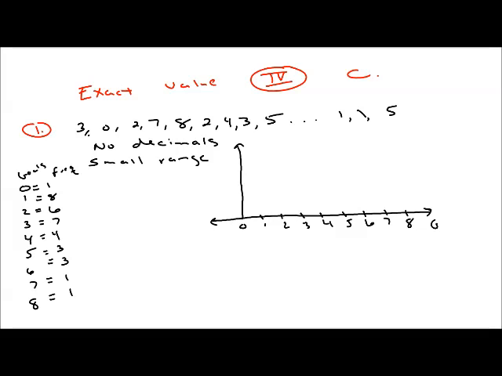This is goals. Over here is frequency. We give it a title, soccer goals. And our highest frequency is 8: 1, 2, 3, 4, 5, 6, 7, 8.